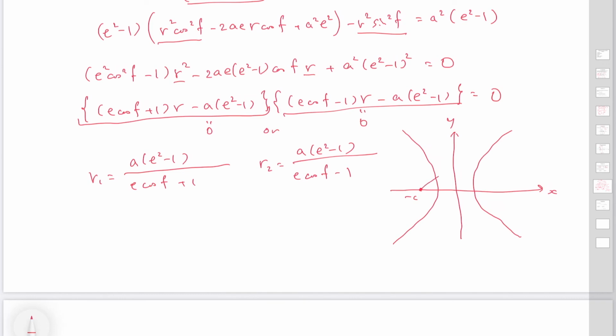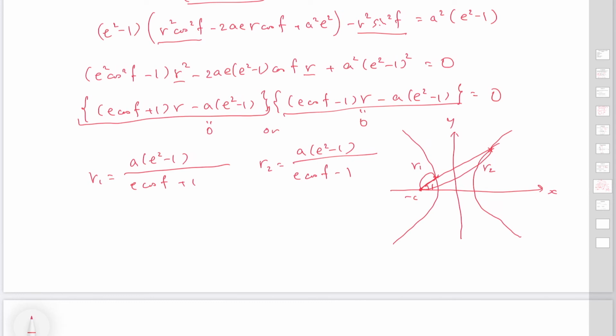If you choose this as r, f, there are two intersections with the two curves of the hyperbola. The first one is a short distance. This corresponds to r sub 1. The other one is a longer distance. This corresponds to r sub 2.